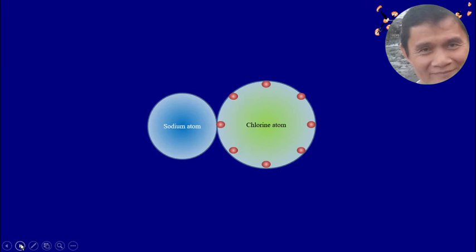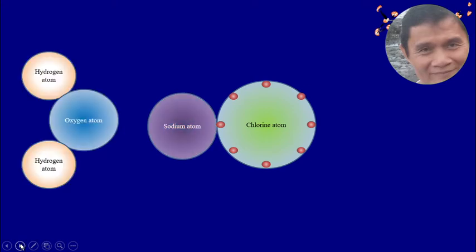However, kung ilulublob mo, dissolve mo ang salt sa water, like this one which contains an H2O molecule, meron certain weirdness din kasi ang molecule ng water.